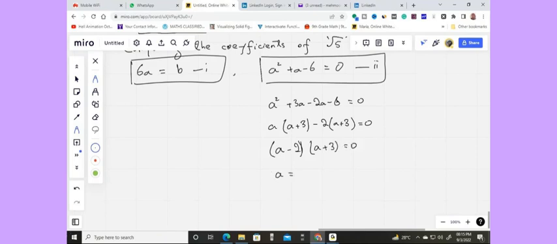So the two answers of your a are a equals to 2 and a equals to minus 3. Alright, now once you substitute a value 2 here in equation number 1, your b is 12, and for a equals to minus 3, your b is minus 18.